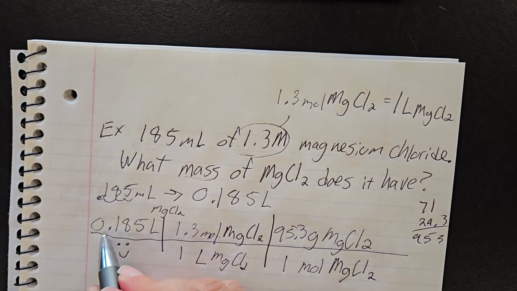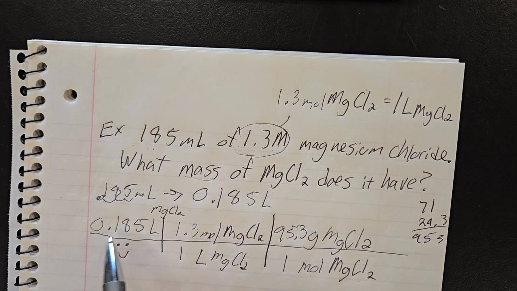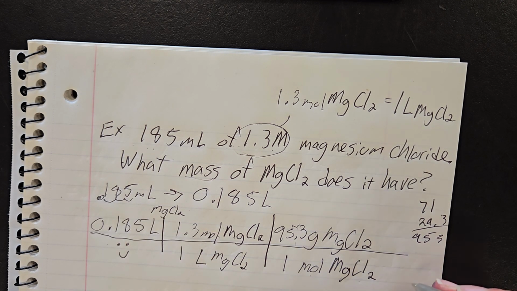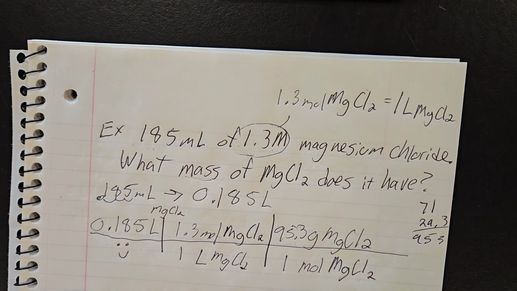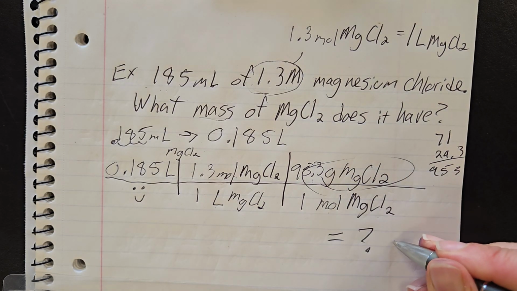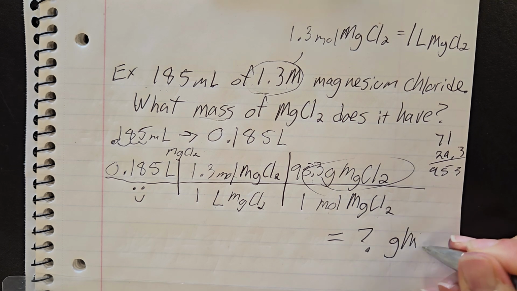Then we multiply across and divide by the bottom: 0.185 times 1.3 times 95.3. I don't know what that is, so you'll have to figure that out yourself. That gives grams MgCl2.